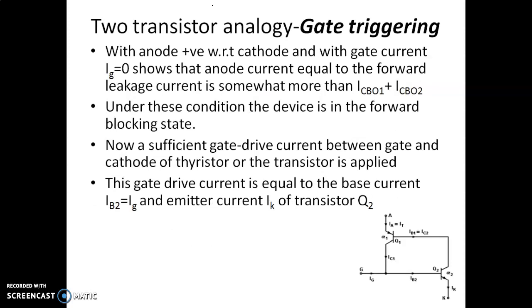With anode positive with respect to cathode and gate current equal to 0, the anode current is equal to the forward leakage current, somewhat ICB01 plus ICB02, that we have explained in the last session. Under these conditions, the device is in the forward blocking state. Now, if a sufficient gate drive current is given between the gate and the cathode, then what will happen?